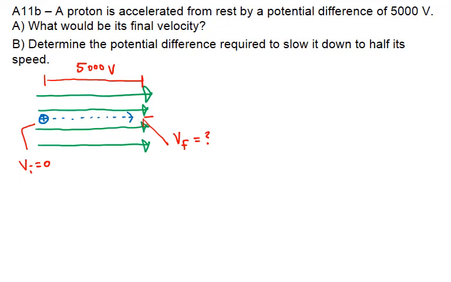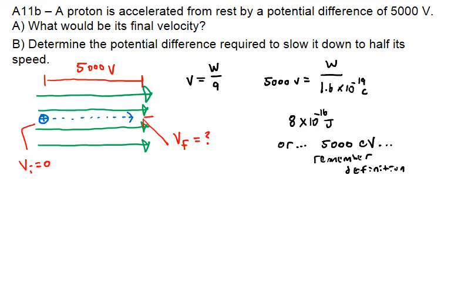So we know the initial velocity is 0, final velocity we don't know. It's 5,000 volts, and we can consider this in terms of energy. Voltage is how much work per unit charge, and we've got that. So we have 8 times 10 to the negative 16 joules, or 5,000 electron volts of energy that this particle is going to receive.